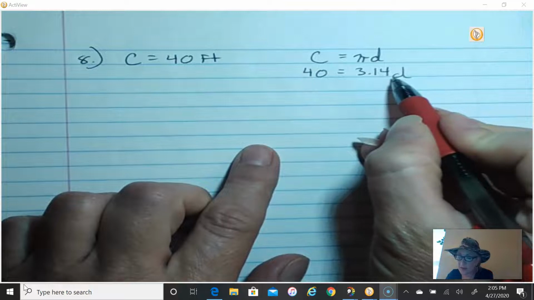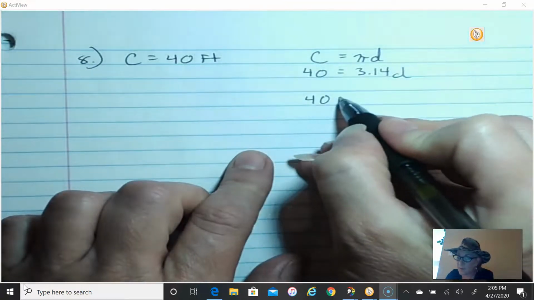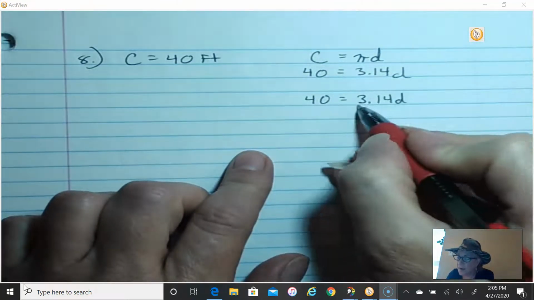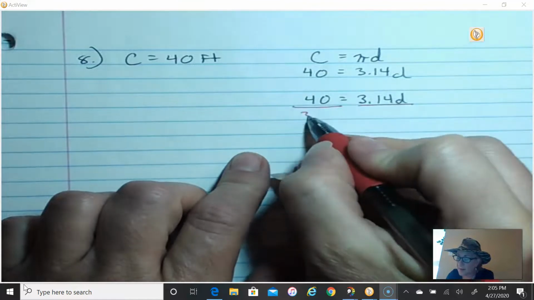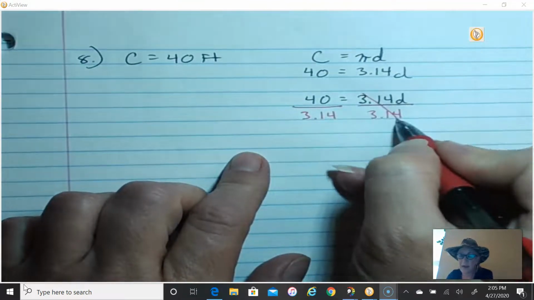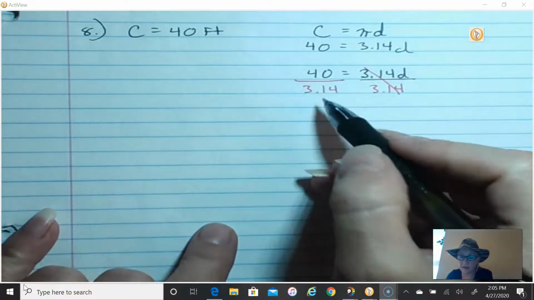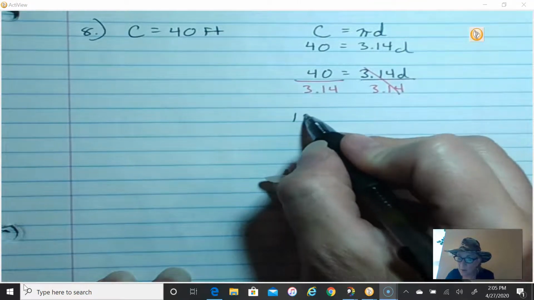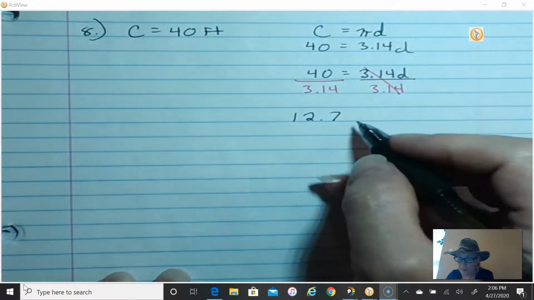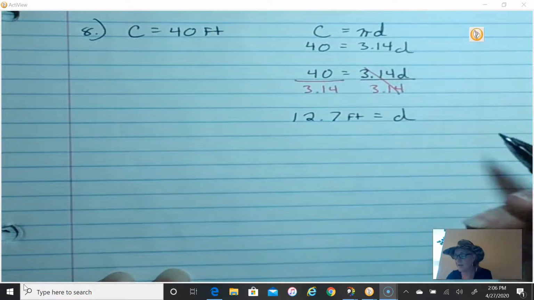So, since you're multiplying, the opposite is dividing. I'm going to rewrite this. So, I'm going to divide both sides by 3.14. So that cancels out. If you divide this using your calculator, you would get 12.7. Remember, we're rounding to the nearest tenth. And that equals D.